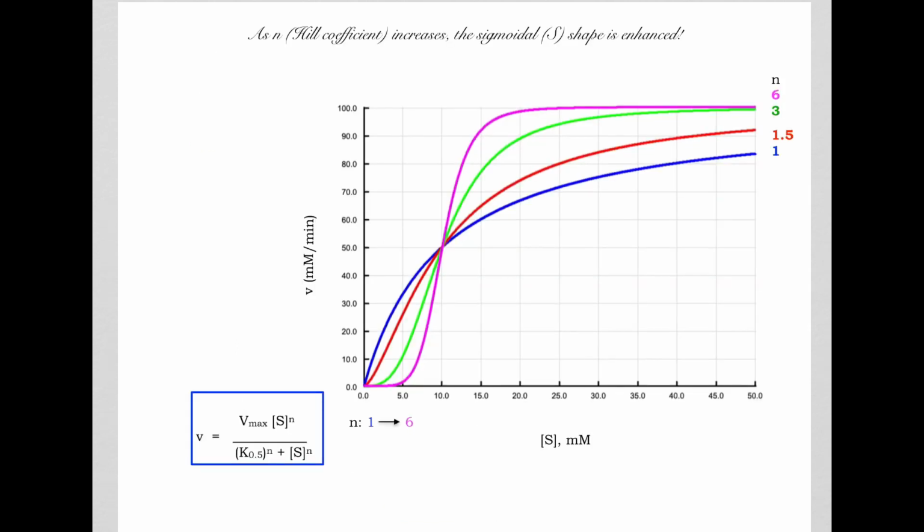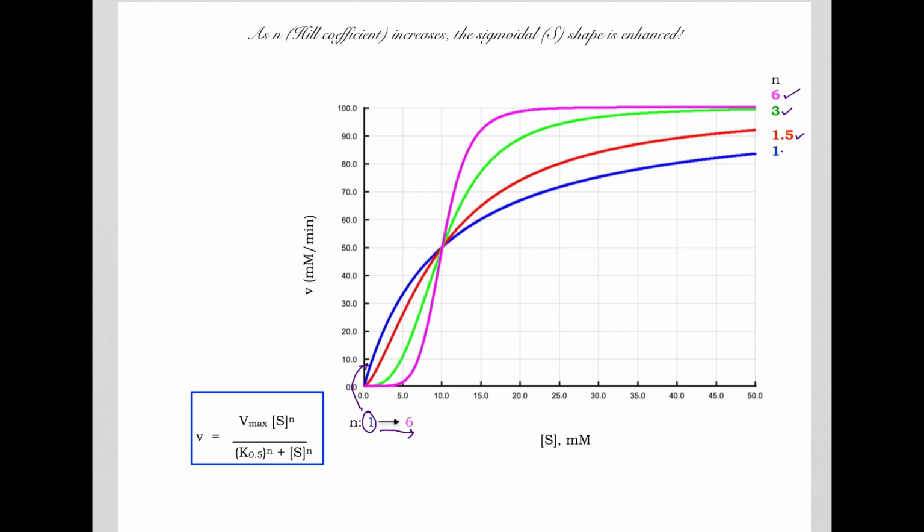So this figure shows you clearly how a hyperbolic curve where n equals 1, shown in the blue line here, slowly becomes a sigmoidal curve. And here you see examples of n going from 1 to 1.5, 3, and then 6.